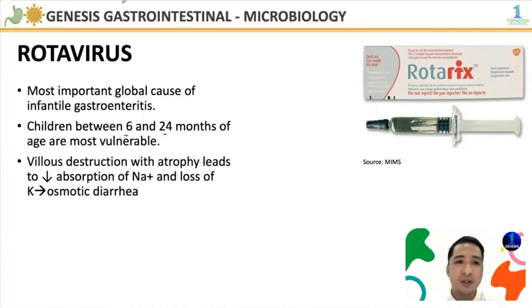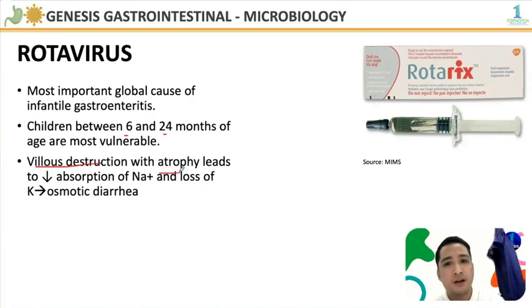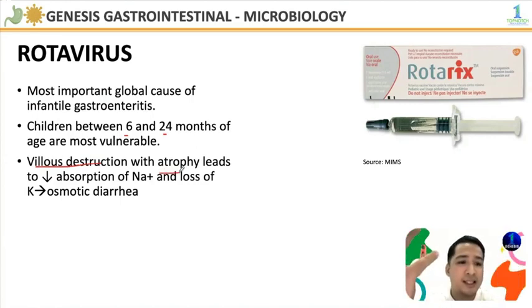And what is the pathology behind rotavirus? It will cause villus destruction and atrophy of the villi of the intestines. Hence, there is decreased absorption of sodium and loss of potassium, causing osmotic diarrhea and electrolyte disorder.